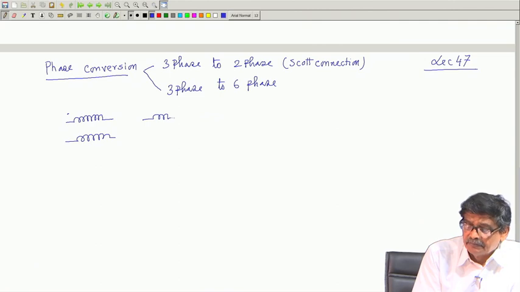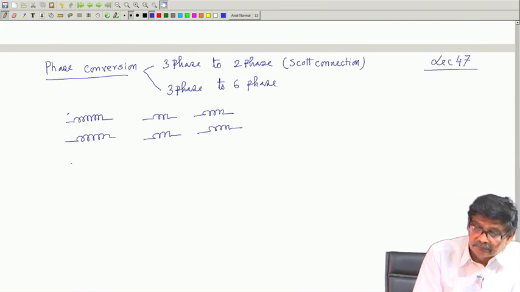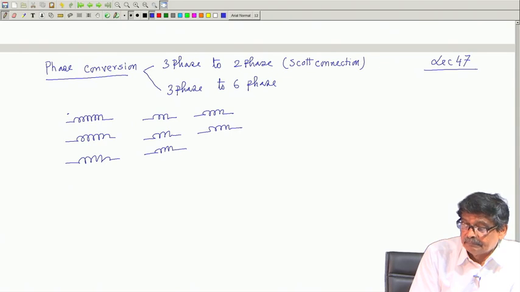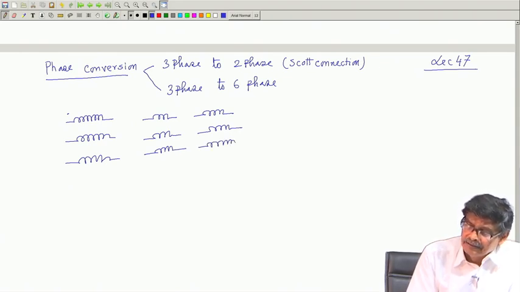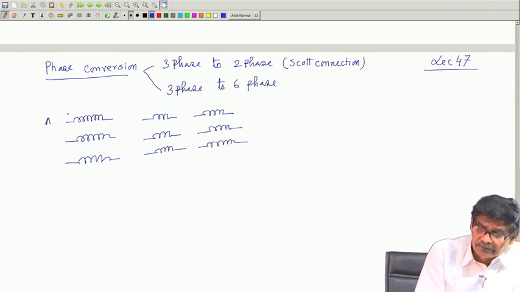So, I will draw. This is quite simple to understand. This is, suppose, dot, dot, dot, etc.